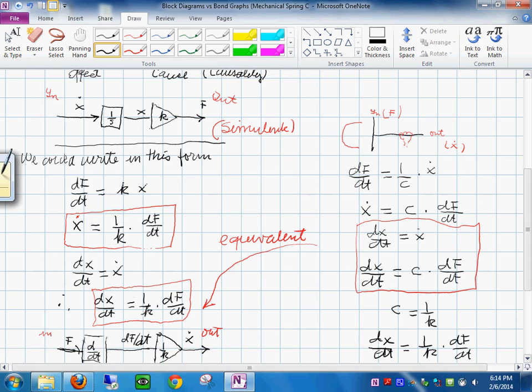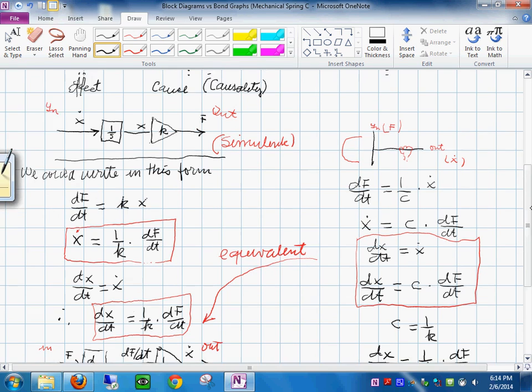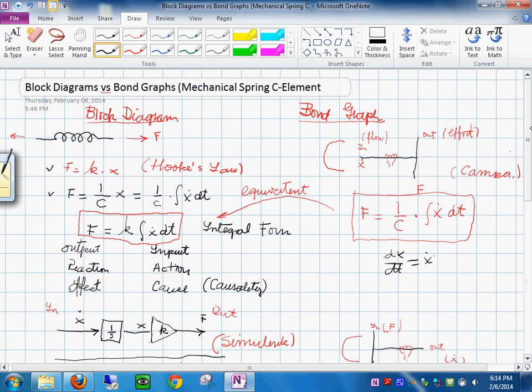So, the conclusion of this: we have an integral form and a derivative form. You can express the integral form in a block diagram notation like this, or you can express it in this symbol like that.